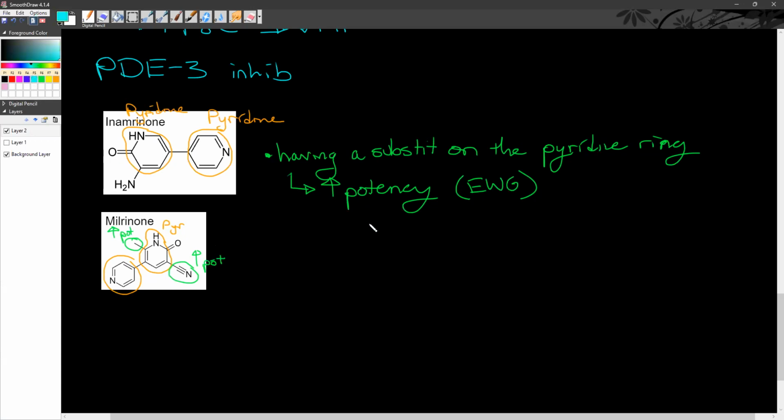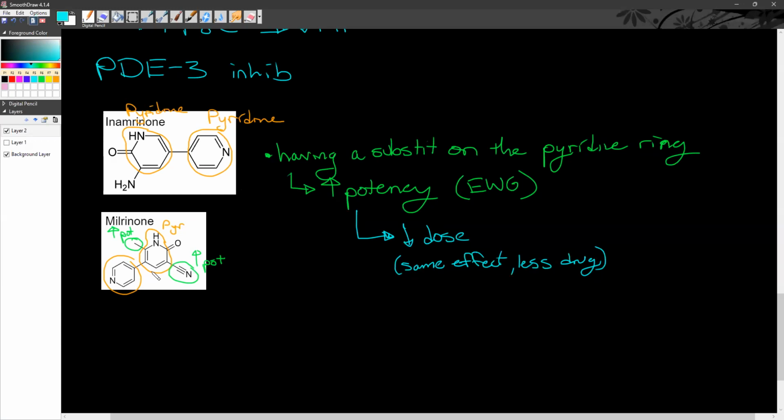Now, when we talk about increasing potency, what does this mean in a practical sense? How does this change how we handle the drug? Exactly. What this means is that the dose of the drug goes down. Same effect, less drug. This does not mean that milrinone works better than inamrinone. Inamrinone and milrinone have the same effect, but we can use less milrinone at a time.